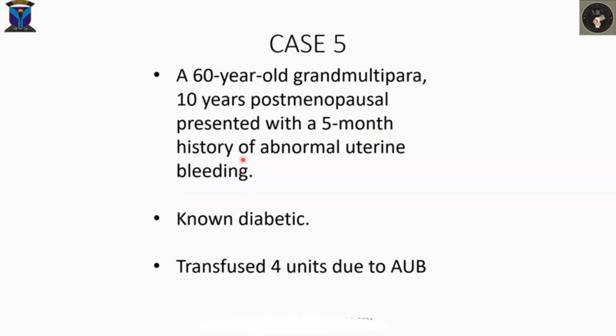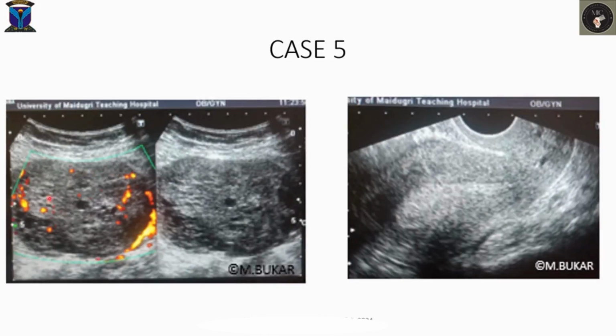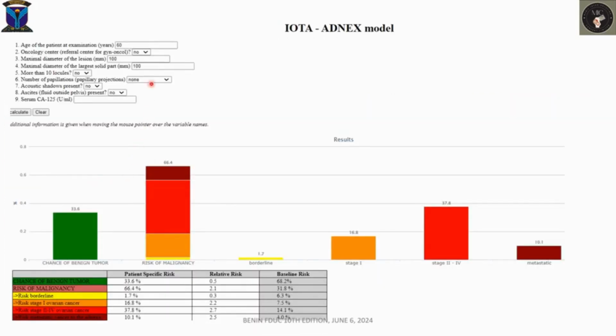Case 5 was a 60-year-old multipara, 10 years postmenopausal, who presented with a 5-month history of abnormal uterine bleeding. She was non-diabetic, transfused 4 units due to abnormal uterine bleeding. So you can see the solid ovarian lesion, and look at the response of the uterus. You can see the thick endometrium in a 60-year-old. No wonder she had abnormal uterine bleeding that necessitated 4 units to be transfused.